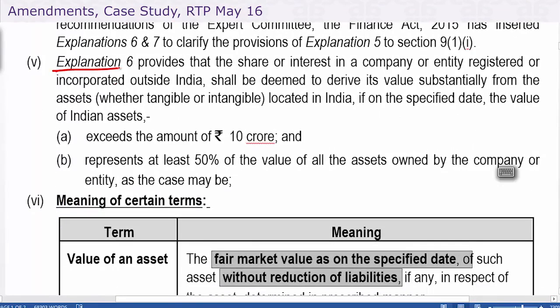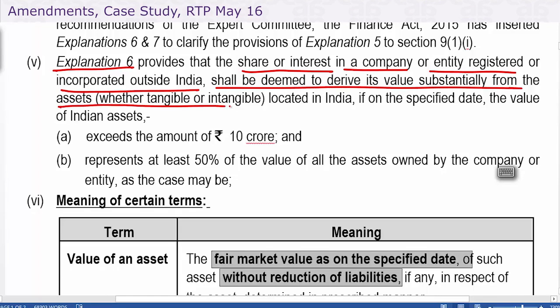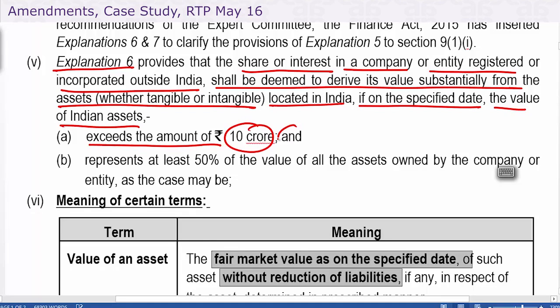So explanation 6, he says, provides the share or interest in a company or entity registered or incorporated outside India shall be deemed to derive its value substantially from assets, whether tangible or intangible, located in India, if on the specified date the value of Indian assets exceeds an amount of 10 crore and represent at least 50% of the value of all the assets owned by the company or entity, as the case may be.